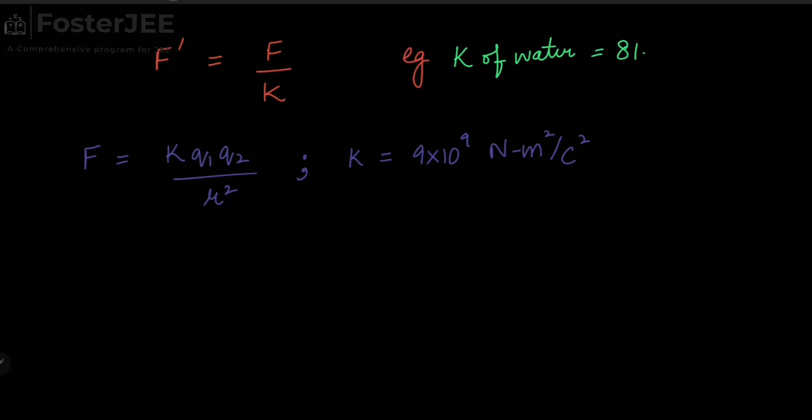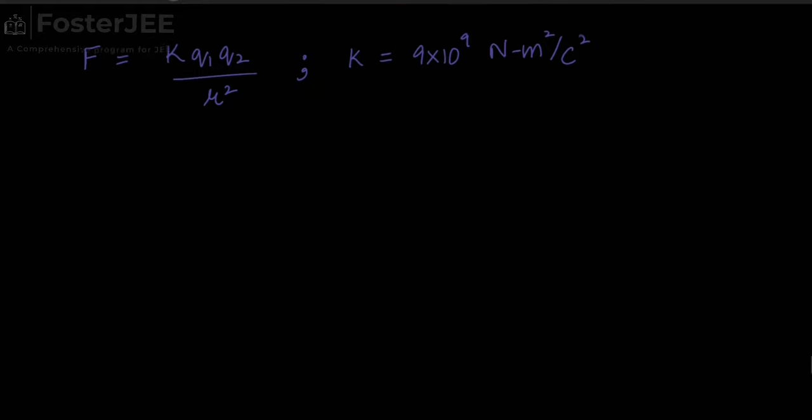Now we are dealing with vacuum problems only. For other problems in which the medium is not vacuum but changed, it's mentioned in the question. Since force is a vector quantity, the representation of its direction also becomes important.